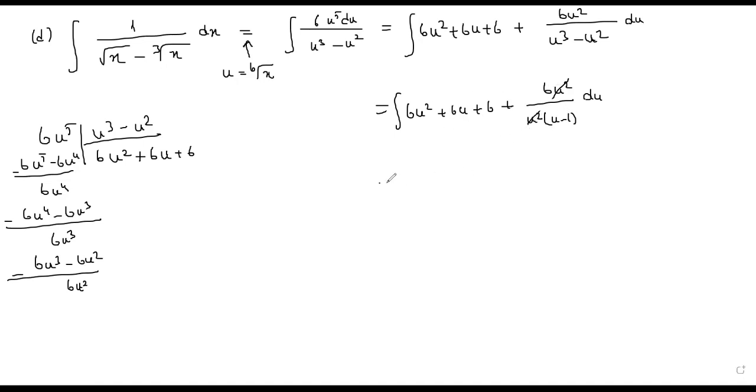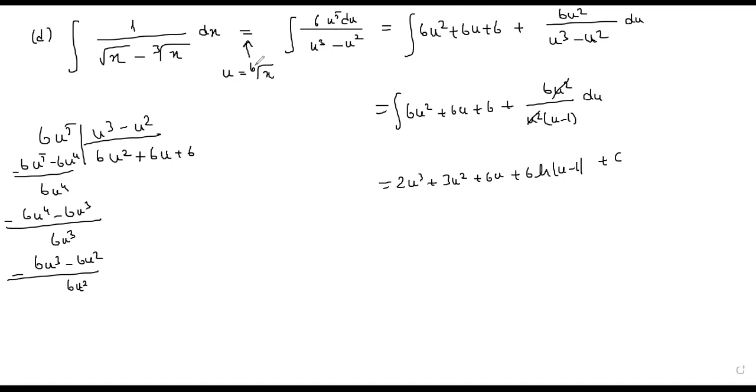Now we can directly take the integrals. We have 6u squared over 3, so we will have 2u cubed. And here we will have 6u over 2, so we will have 3u squared. And this will give 6u, right? And here we will have 6 ln of u minus 1 plus some constant.